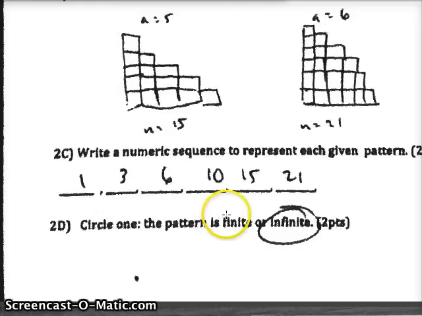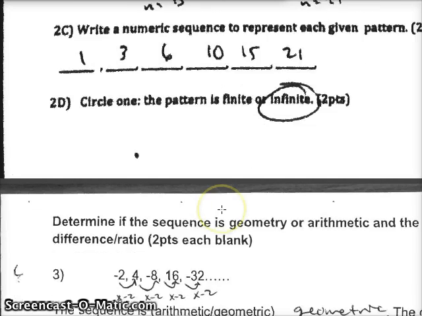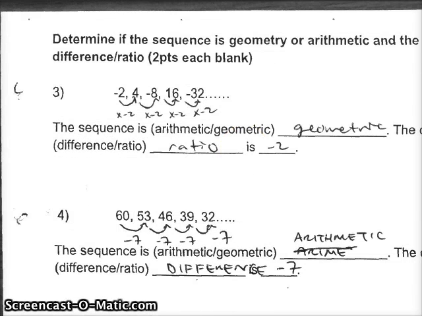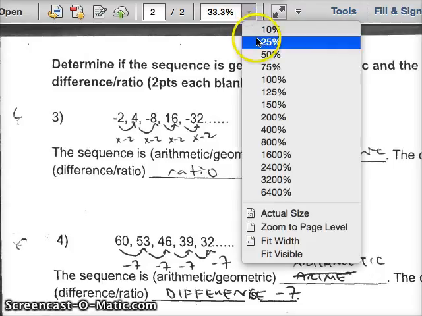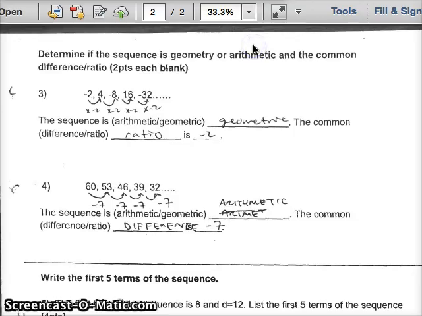On the back side, determine if the sequence is geometric or arithmetic, and the common difference or ratio. 2 points for each blank.